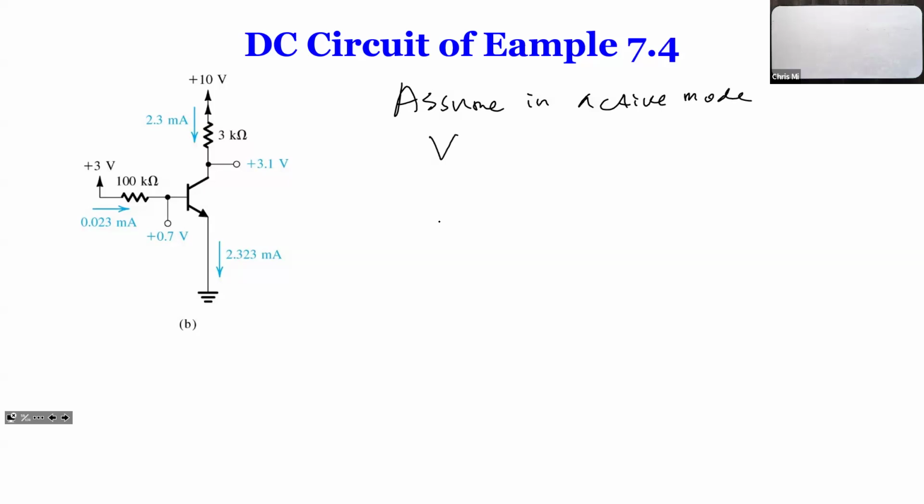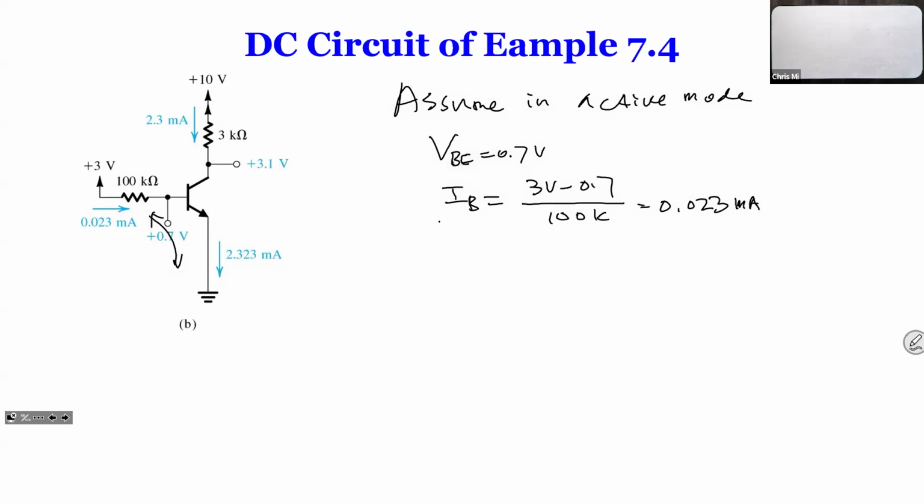If we do that, we know that the capital VBE is going to be 0.7 volts, which is from here to here. Okay. So from here, we can find current IB, which is 3 volts minus 0.7 divided by 100K, and that gives you 0.023 milliamps.